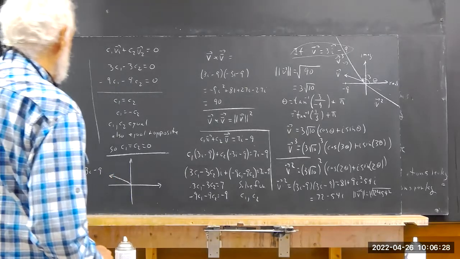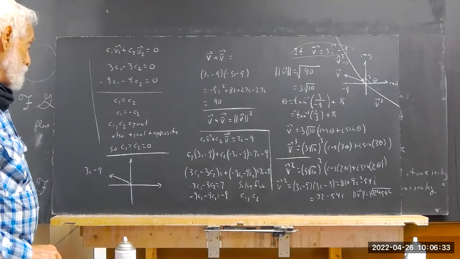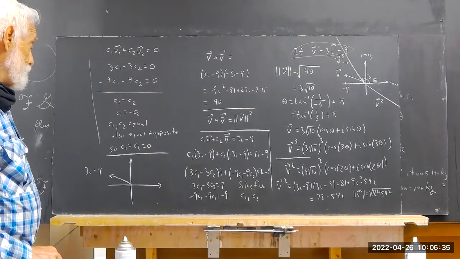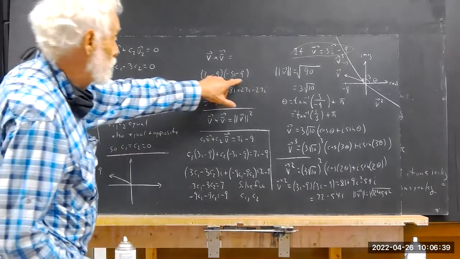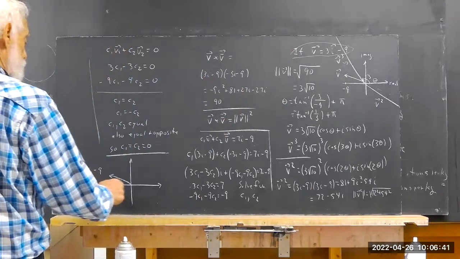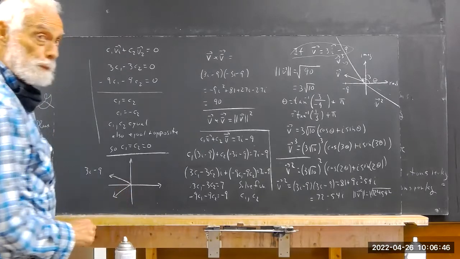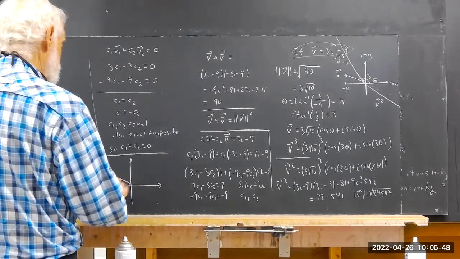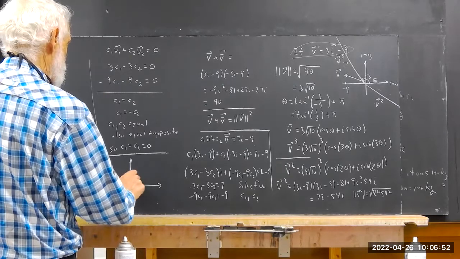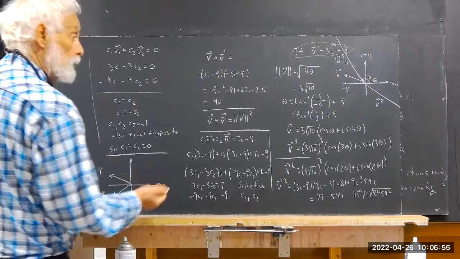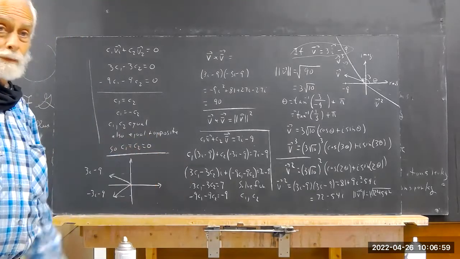And where is negative 3i minus 9? Complex conjugate. Negative 3i minus 9 is going to be down here, right? In the complex plane, these things aren't parallel. So they form a basis for the complex numbers.